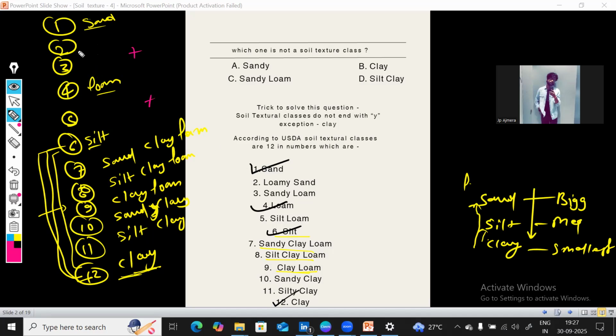So we'll remember that the loam is sand, and there is sandy loam. All right, simple as that. We already know loam is number 4. Simple as that. Silt loam.